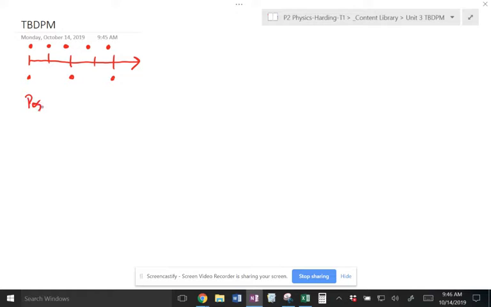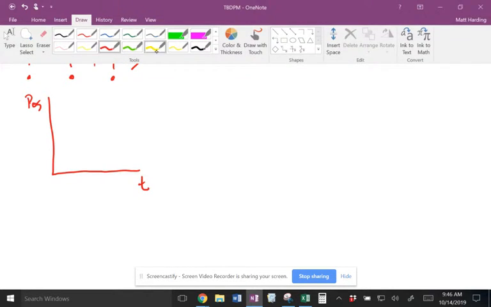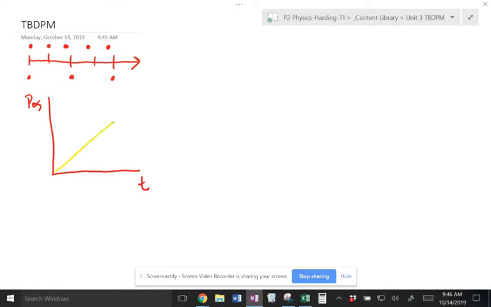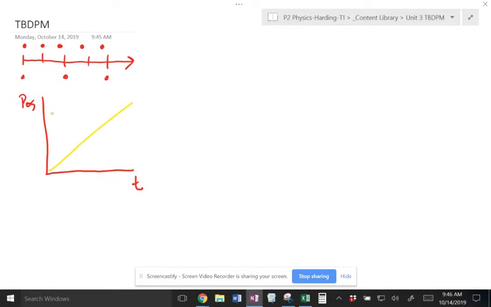If you have a position versus time graph and it looks like that, or that, or that, in other words, a line, then that's the constant velocity particle model.